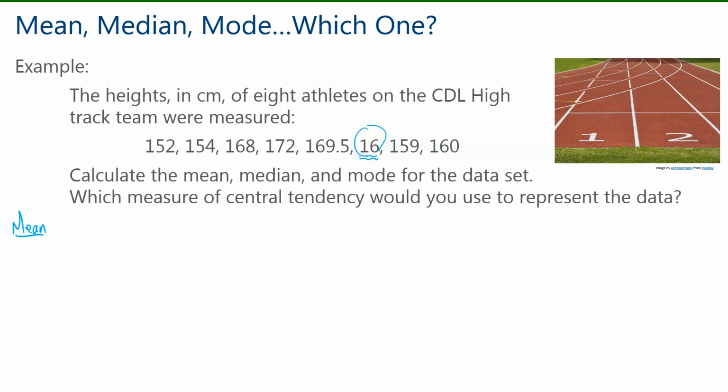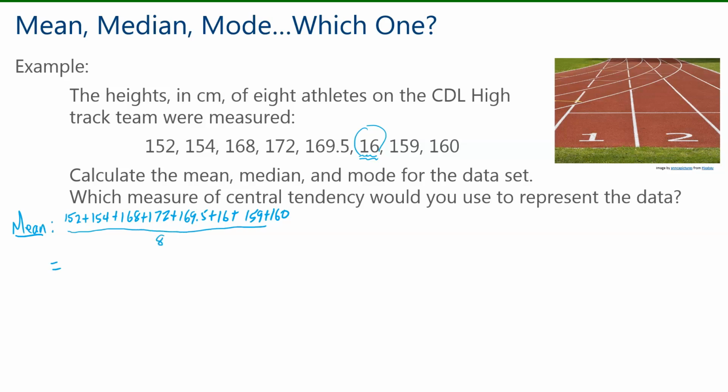So let's have a look at mean. Our algorithm for mean: we add all of the data values and then divide by the number of data values present. We are adding 152, 154, 168, 172, 169.5, 16, 159 plus 160, divided by 8, since there were 8 athletes.